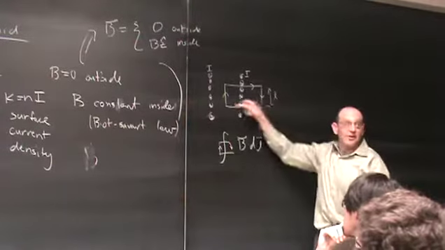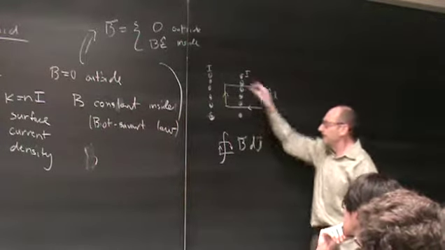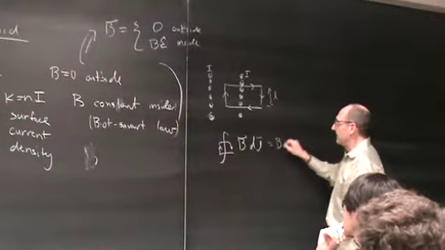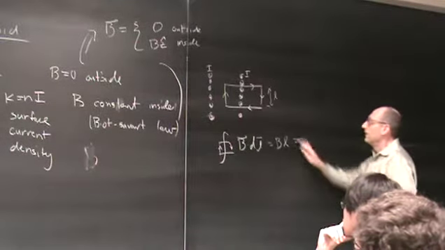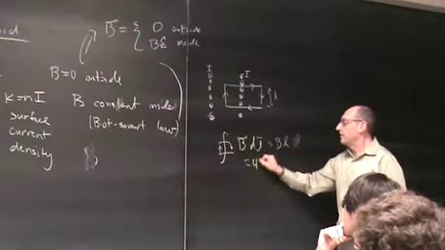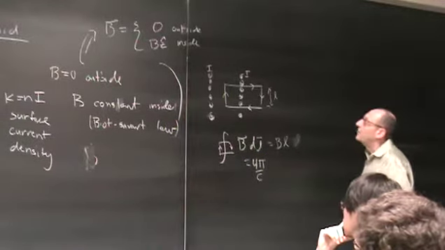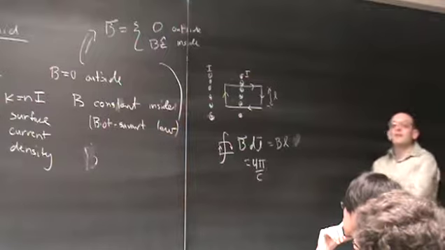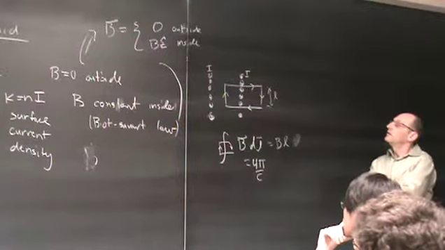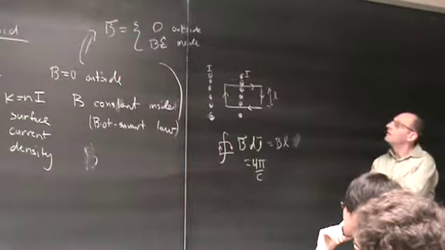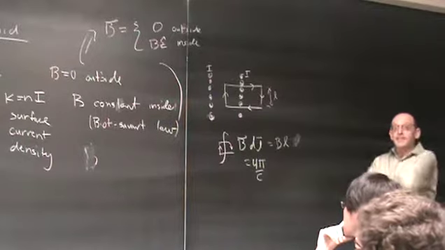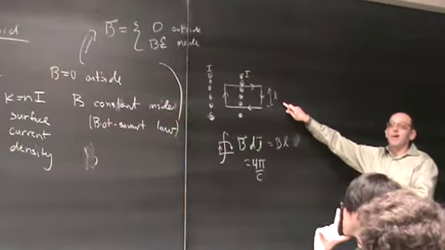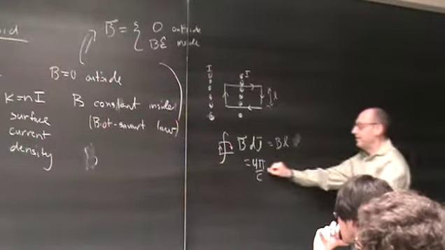B dot dl is 0 over here because it's perpendicular, and so what we have is B times L. And that's equal to 4 pi over c times the enclosed current. And what's the enclosed current? N times L, because we have n turns per unit length times L, so that means n times L is the total number of turns.